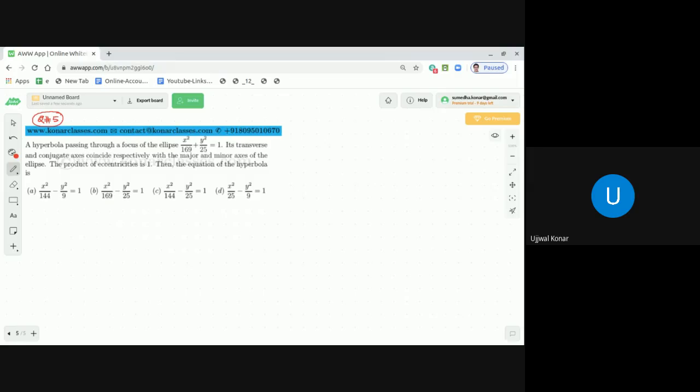Very good question. Why is it a good question? Because here with this question you need to apply your knowledge in ellipse and hyperbola together to solve this question. Let us assume the equation of the hyperbola be something like this.